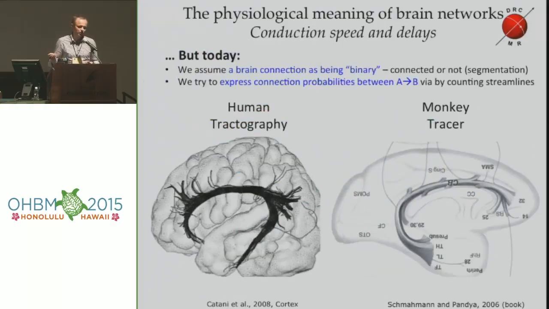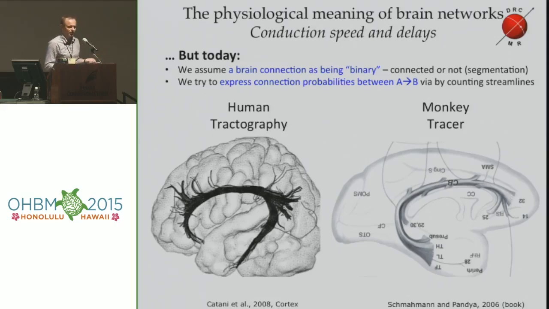But in tractography, we really cannot see this today. Today in tractography, we look at brain connections, like a connection from A to B. So it's binary. We segment out the tracts, like the human work here, and we can compare this to tracer studies, because from tracer studies we can also see the spatial projection of these tracts in the monkey, for validation.